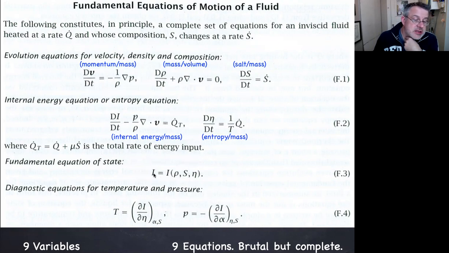The fundamental equation of state is the internal energy as a function of the density, the salinity, the entropy, or it could be another relationship like this that links these variables together and closes this system, so we have everything we need to know.